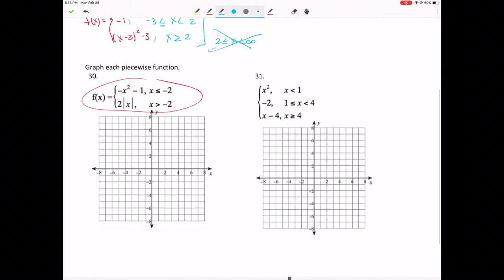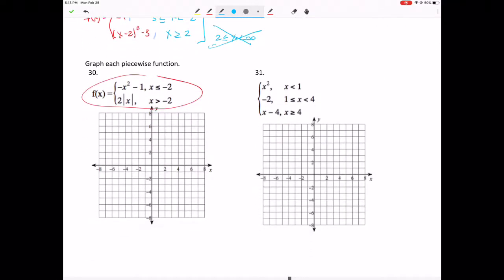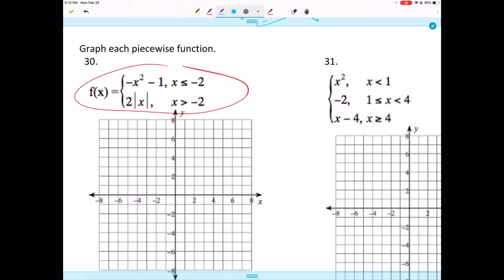All right. Okay, next we need to graph. So here, I like the idea when you draw the domain line. So here at negative 2, we do like a dotted line. Okay, and then we want to graph here. This is a quadratic. It's a vertex form where the vertex is 0, negative 1.